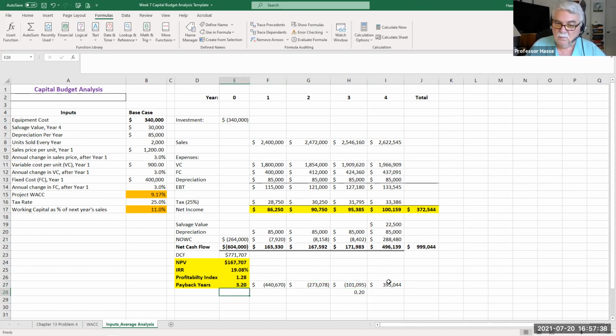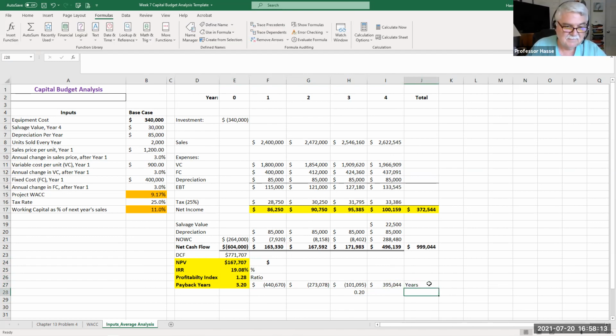So 20% into the 4th year we're paying back the $604,000, generating a net gain of $395,044. Notice the payback is in non-discounted numbers. All the rest of this information is in discounted numbers. Our return in dollars, our return in percent, our return in a ratio, our return in years.